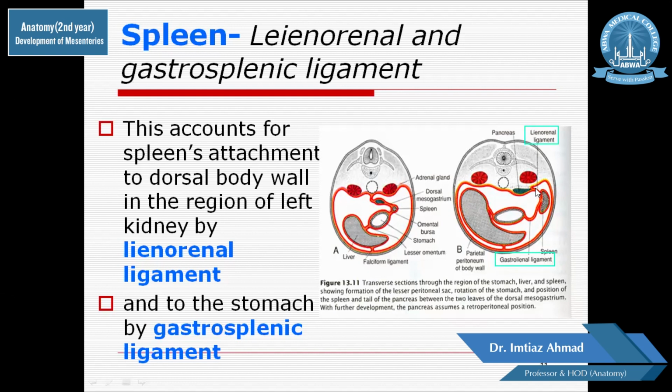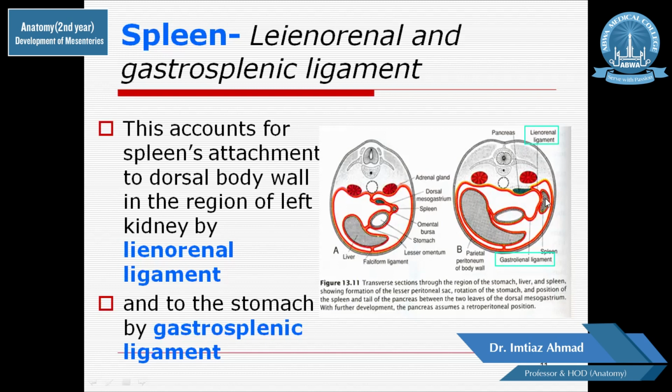So rotation of the stomach carries the spleen towards the left side, but keeps it attached to the posterior wall of the abdomen by a ligament known as the lienorenal ligament in front of the developing kidney, and to the stomach by a ligament known as the gastrosplenic or gastrorenal ligament.